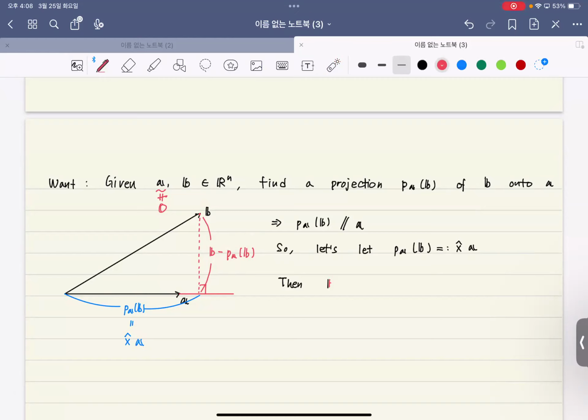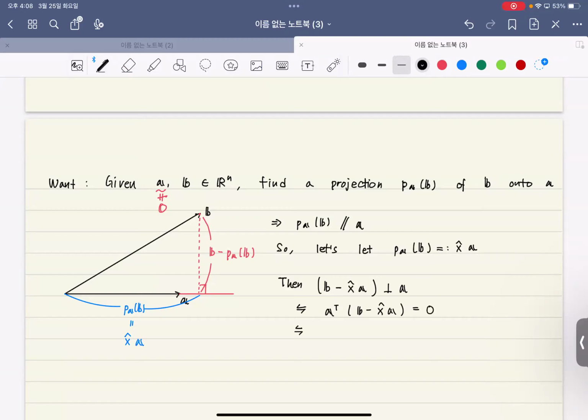So B minus P_A(B), which is B minus x hat A, is perpendicular to A. That is, A transpose times (B minus x hat A) must be 0.